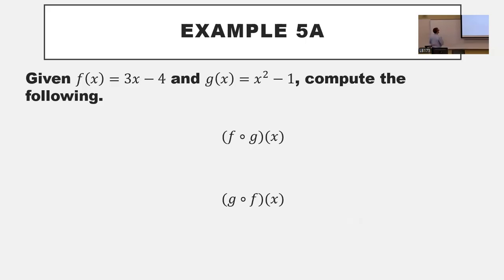So let's take an example. We have f of x equals 3x minus 4, and g of x equals x squared minus 1. And we want to compose, I'll say, in both directions. We'll compose f of g of x, and then we'll do g of f of x.